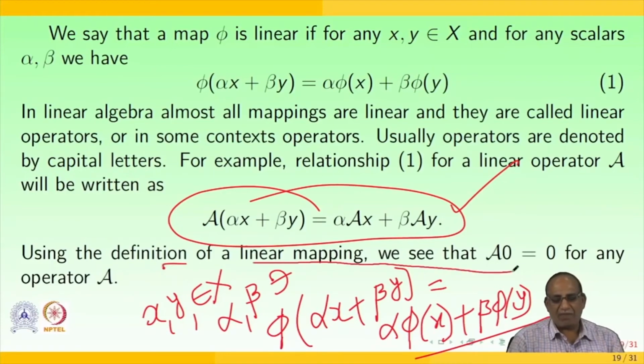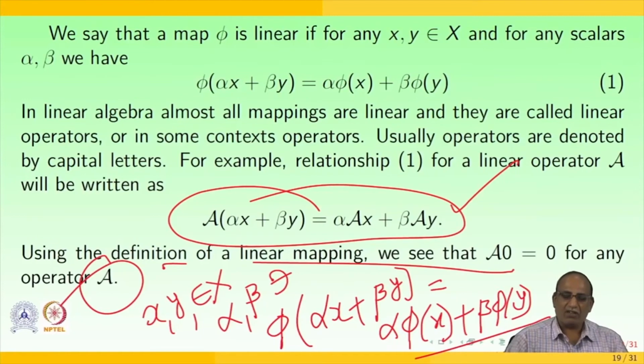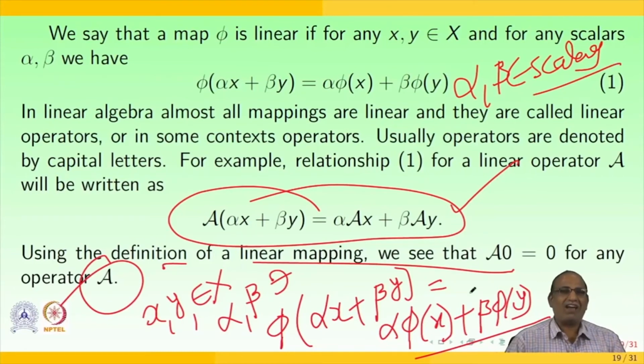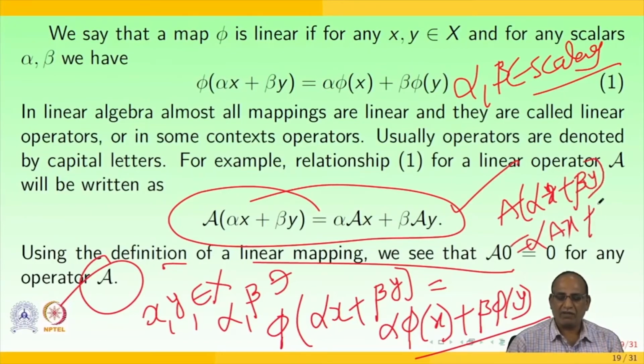Using the definition of a linear mapping, we say that A of 0 is equal to 0, and A is the operator here. Alpha, beta are the scalars. So we have the mapping A of alpha x plus beta y equivalent to alpha times A of x plus beta times A of y. That means essentially it preserves the linearity.